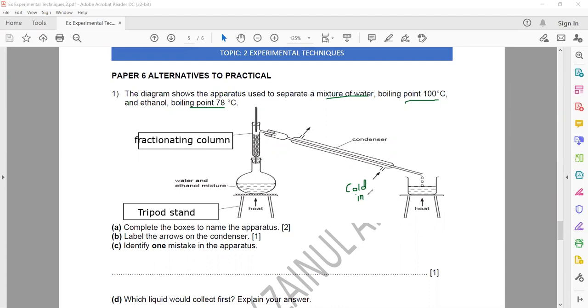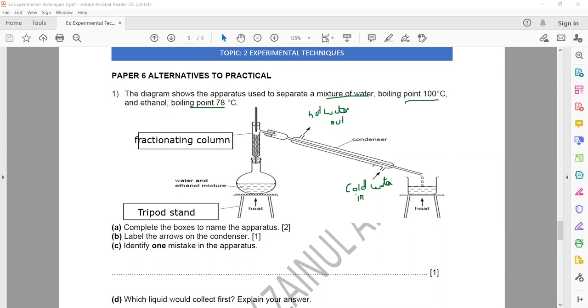Because water has a greater capability to absorb heat energy, so it can absorb the heat energy from the engine, so the engine will not be too warm. So cold water enters this condenser, and hot water leaves. So cold water in, or you can also write water in, and hot water out, or you can say water out. Both labels are acceptable.